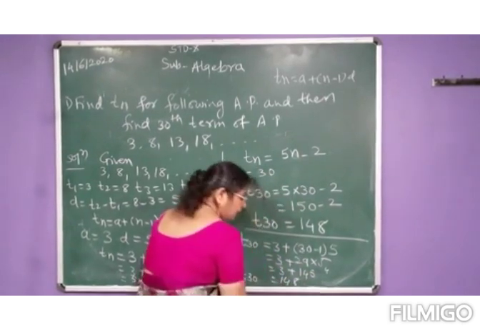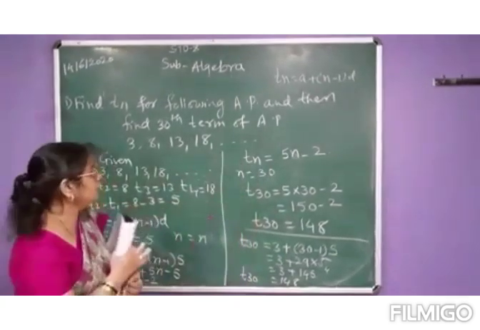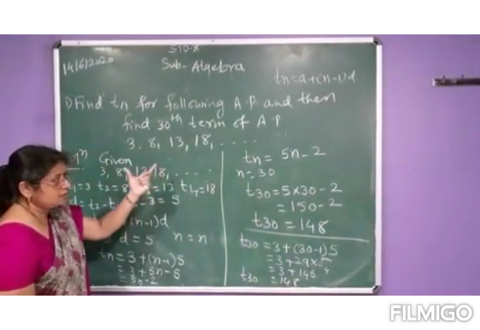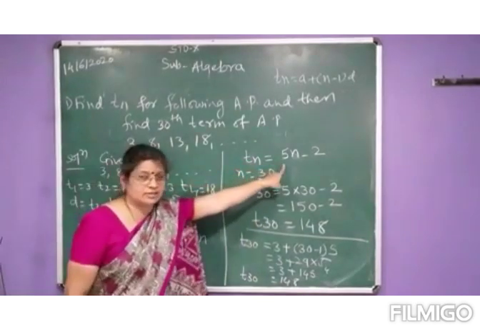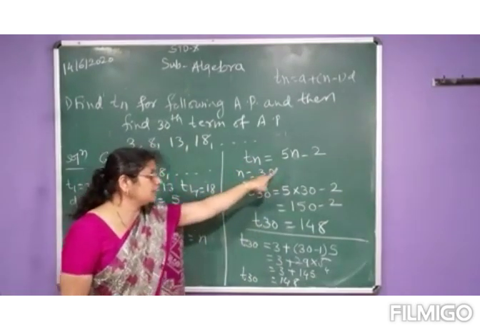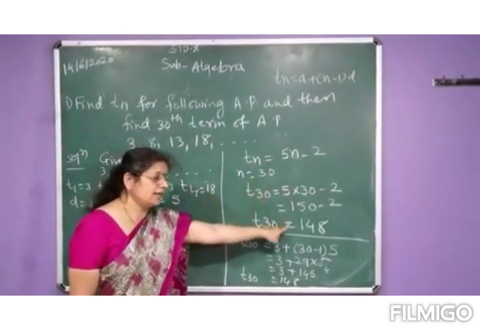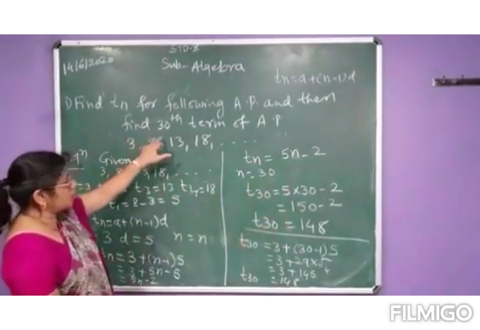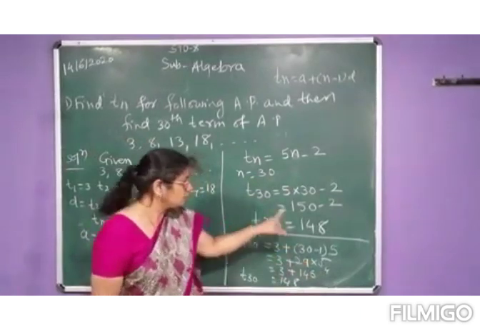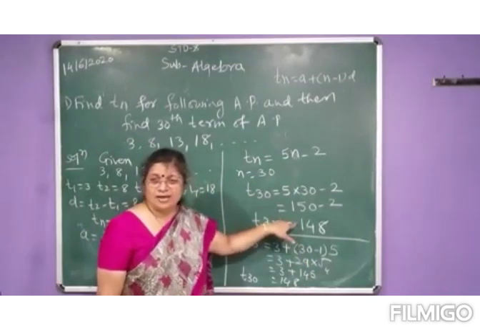So if a sum like this comes in the exam, you can solve it by two methods. But this is very simple. As you got this Tn, you can substitute the value of n directly and you will get the answer. Or if you substitute in the Tn formula also, you will get the same answer.